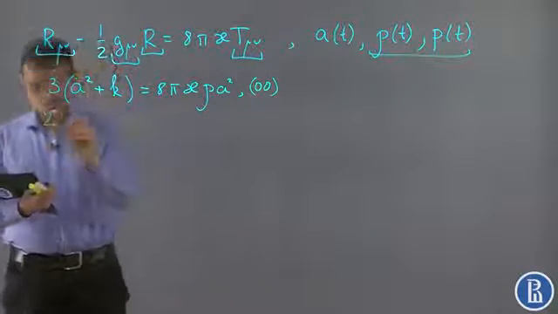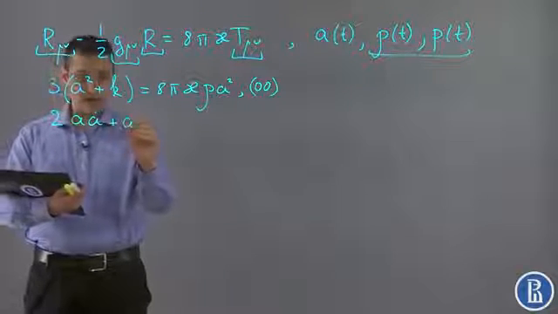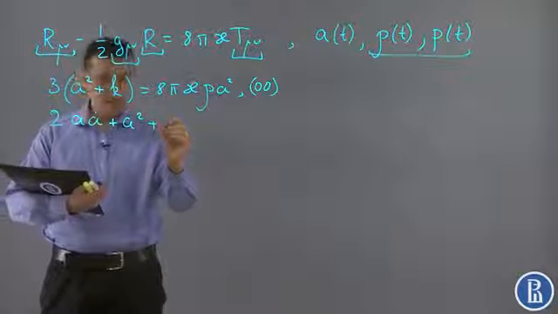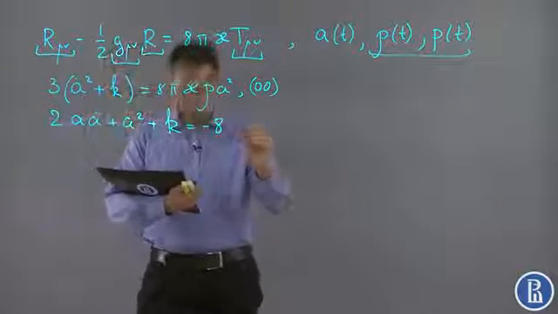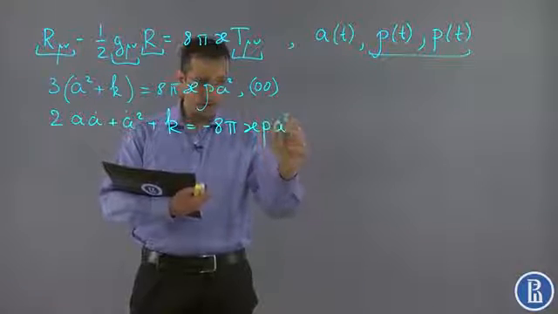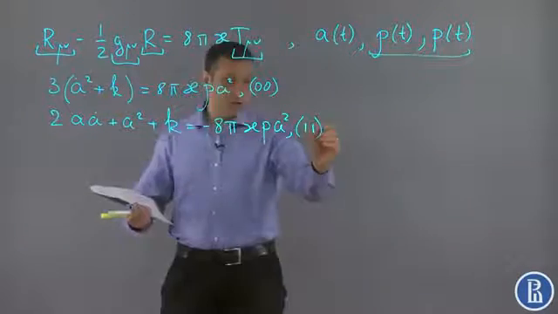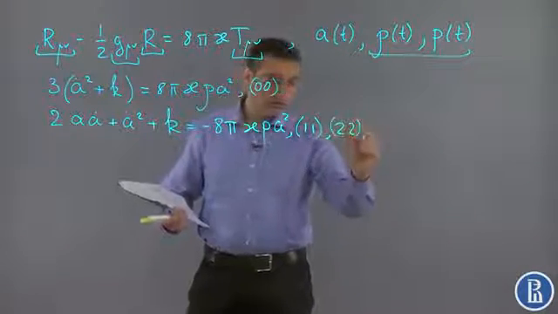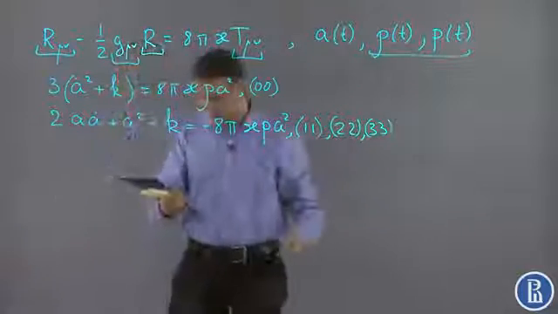And 2a dot dot plus a dot squared plus k equal to minus 8 pi kappa p a squared. This is the 1, 1 component of this equation. Actually, the 2, 2 and 3, 3 components of this equation give the same due to spatial homogeneity, as it should be.